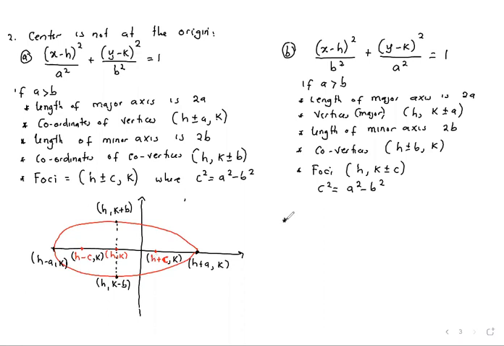The ellipse also has the directrix, whose formula is x is equal to a over e. And because we have two foci, we're going to have two directrices. So x is equal to a over e, and x is equal to negative a over e.